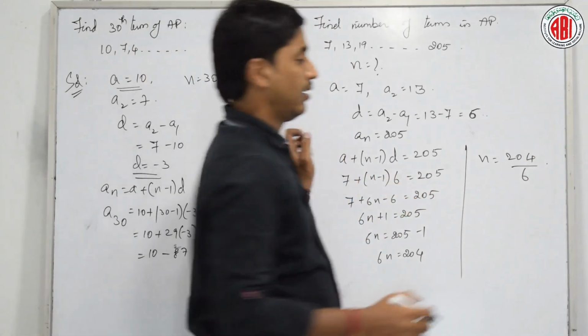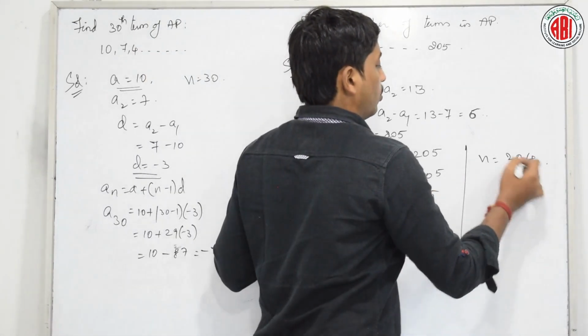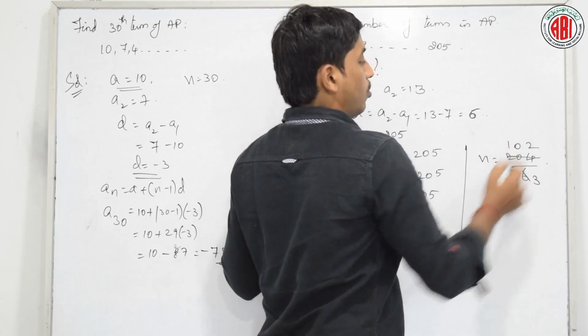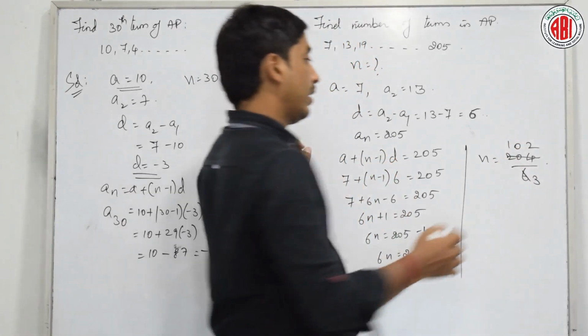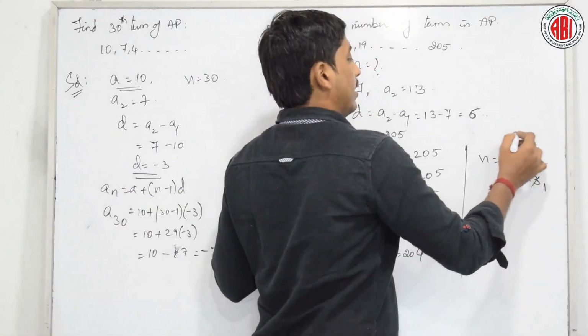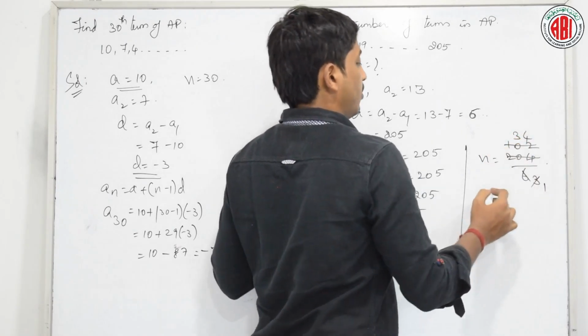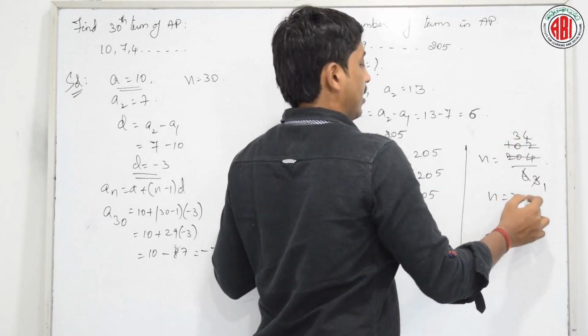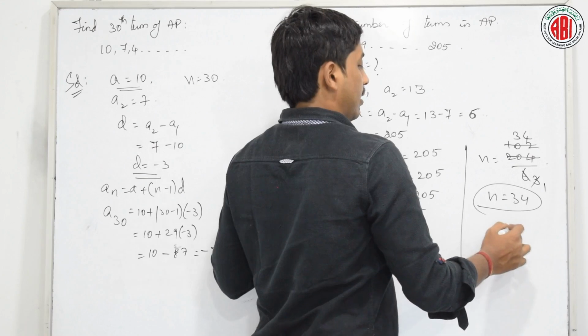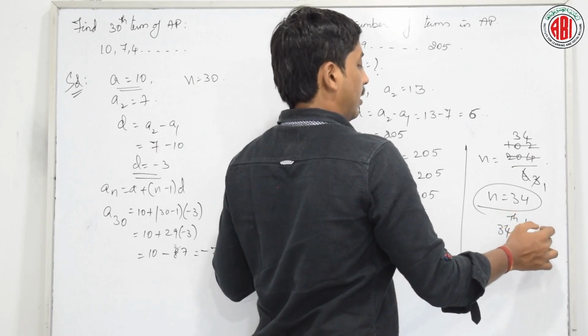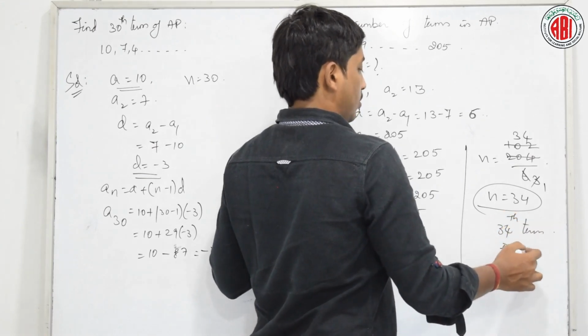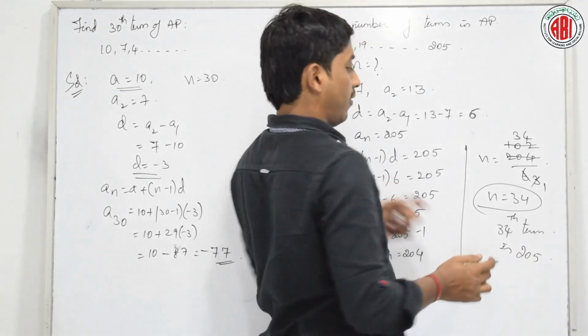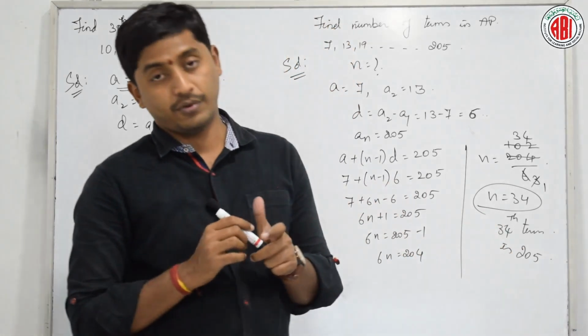Just cancel it. 2 threes are 6, 2 ones are 2, 0 twos are 0. Right? And the next, 3 ones are 3, 3 threes are 9, 3 fours are 12. Answer: n is 34. That is, the 34th term is 205. Therefore, the number of terms is 34.